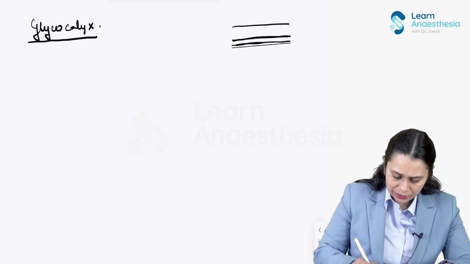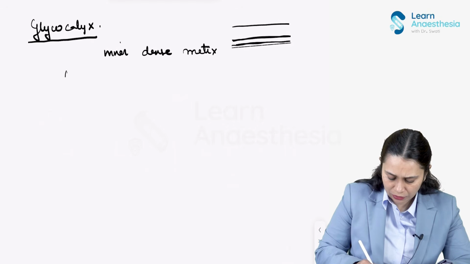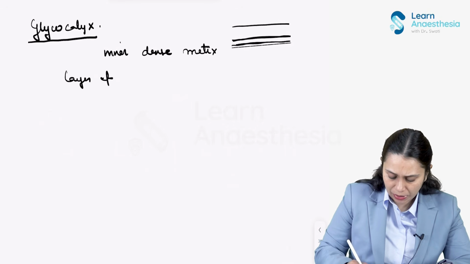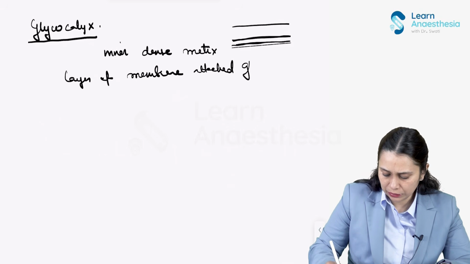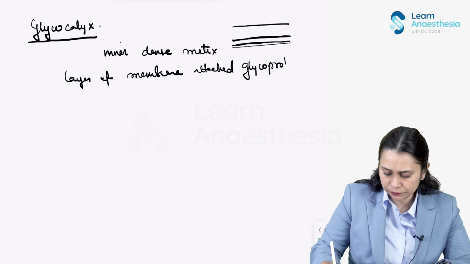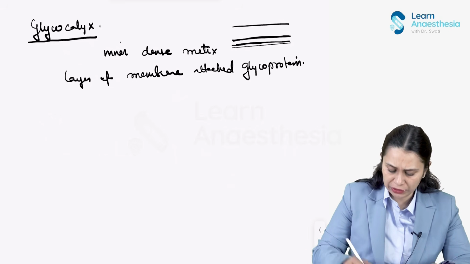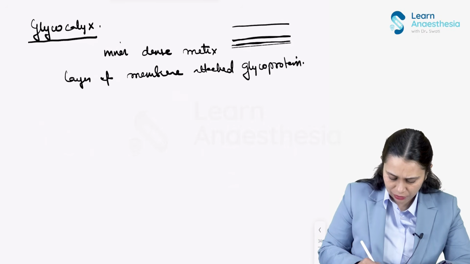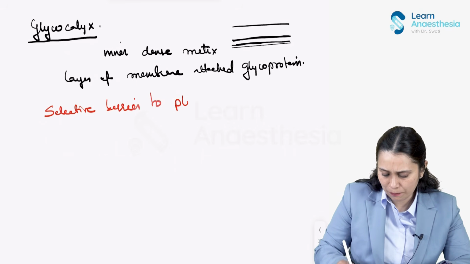So this is an inner dense matrix layer of membrane attached glycoprotein, right? This forms a selective barrier to plasma macromolecules.